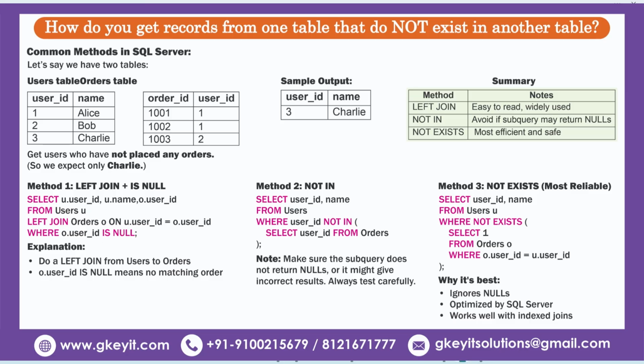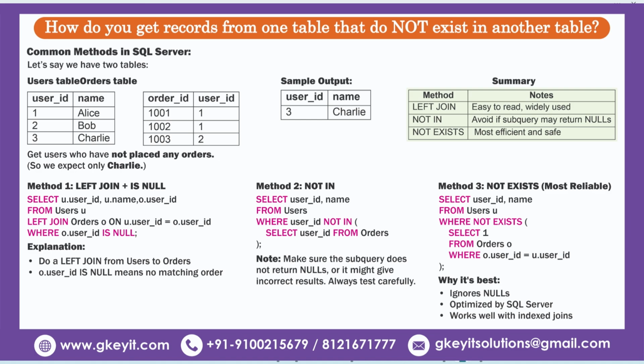The not exists functionality ignores nulls, is optimized by SQL Server, and works well with index joins. In this way, by using all three ways, we'll get the output user ID 3 and name Charlie, who did not make any order in the orders table.